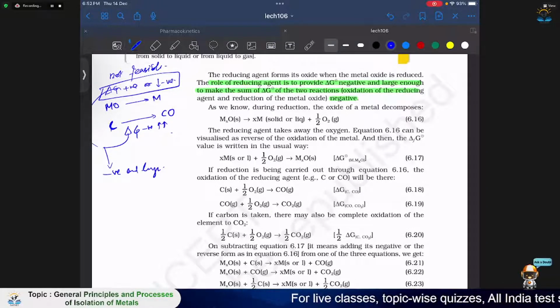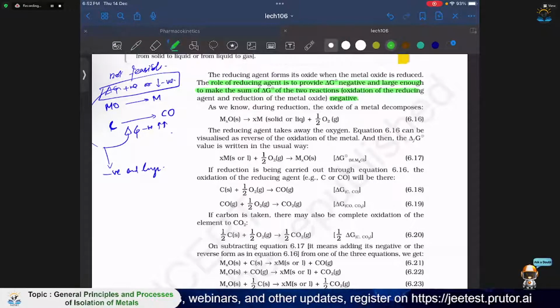That is the basic principle of metallurgy. So exploring different possibilities is what the metallurgists are concerned with, creating the best possible, most economical combination of reactions which will give rise to the free metal. Okay, they've given a similar example. This is a metal oxide reducing itself into the metal.